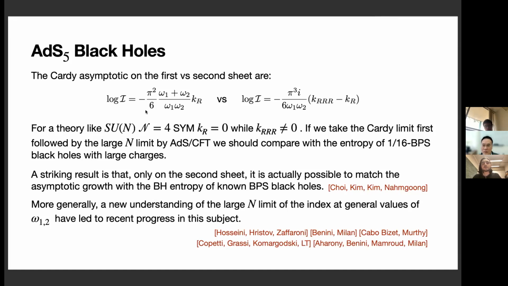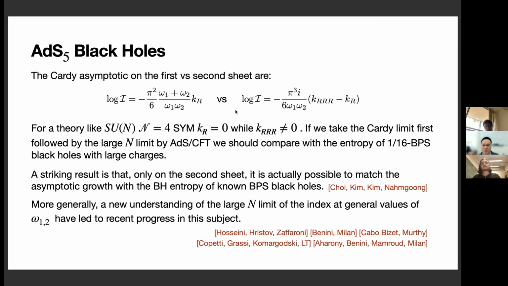So if you were using the prediction from the Cardy formula on the first sheet and then take the large N limit, you would see that this contribution could never match the entropy of a large BPS black hole because it gives you an order 1 contribution to the entropy. And in fact, this is a Cardy version of the entropy puzzle that has been around for many, many years in the study of BPS black holes.